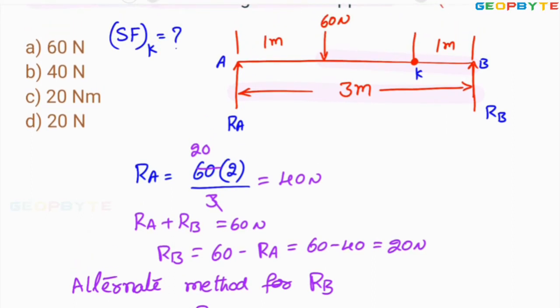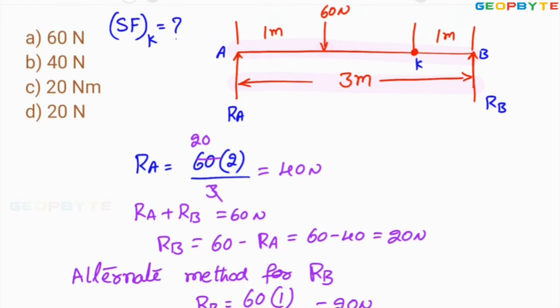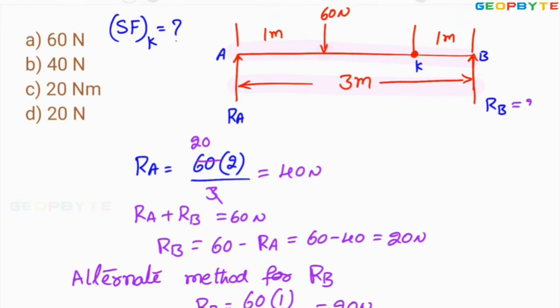Load is 60 newtons. 60 newtons multiplied by the distance from load to A, that is 1 meter. 60 into other side distance, means 1 meter, divided by total distance 3. 60 by 3 equal to 20 newtons. That is how you can decide the RA, RB. Anyhow, here RB equal to 20 newtons, RA equal to 40 newtons.